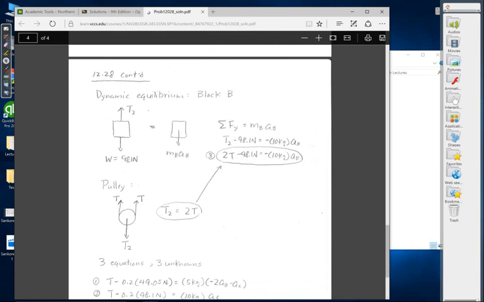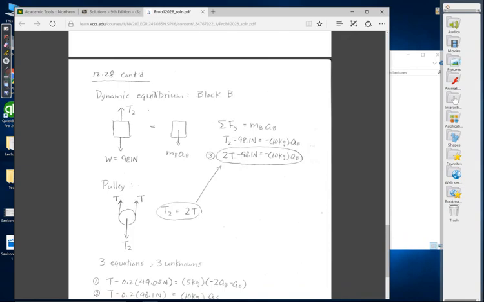There's two tensions, which I put as T2. There's actually not too much of a need for that. What you can do here, if you see this, is immediately put this as 2 times T, because there's two lengths of the string on both sides of that pulley.